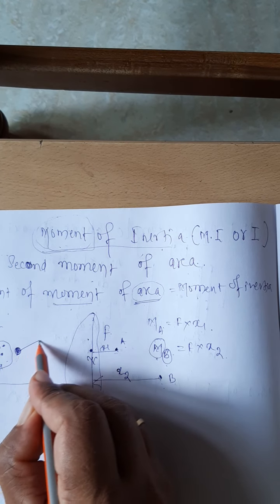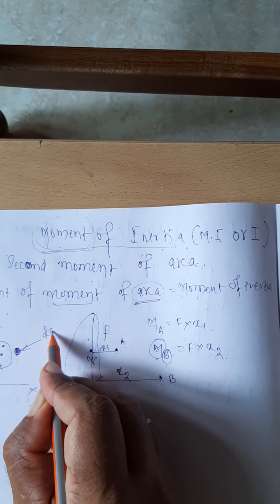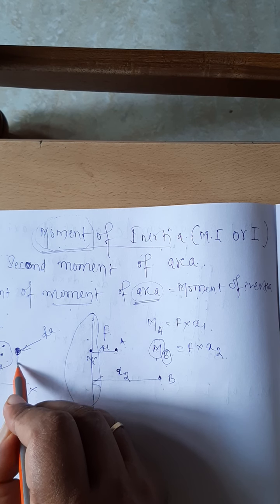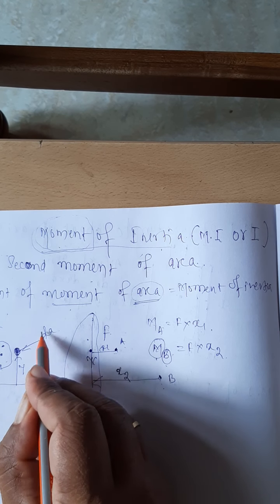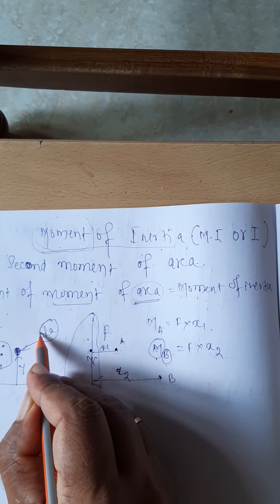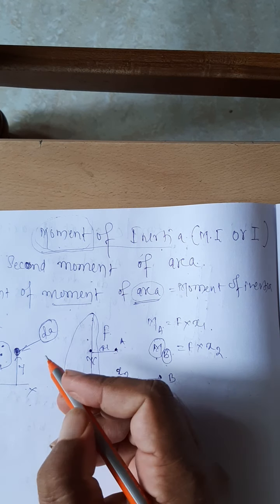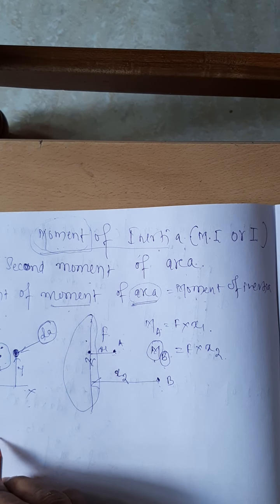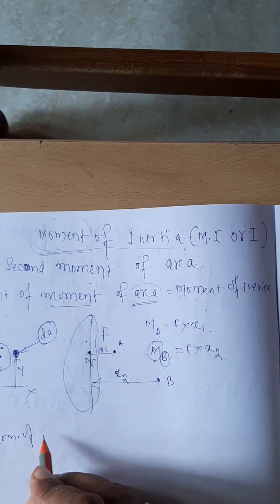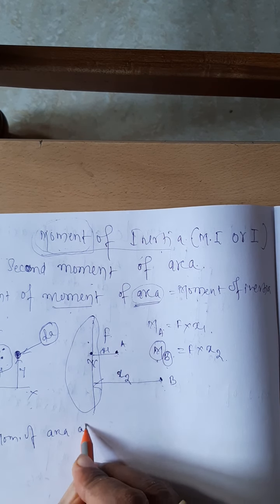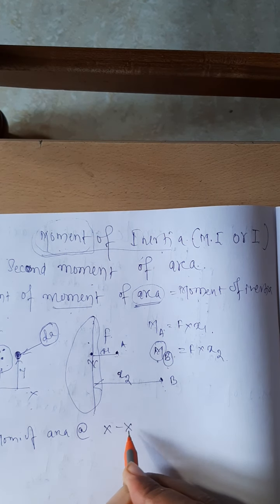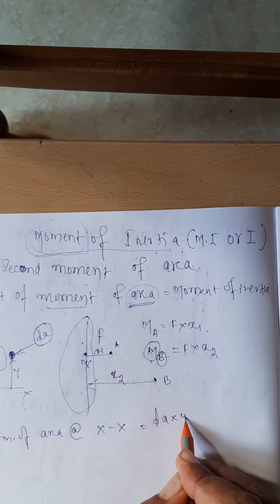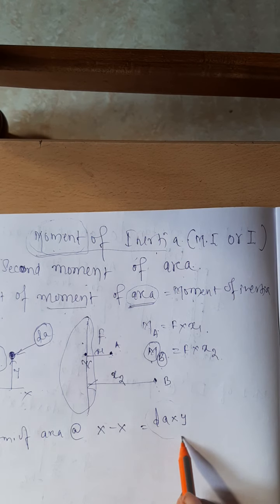To start with the basics, if this small area dA has a distance from this line that is almost fixed and equal to y, then the moment of the area about the line xx is dA multiplied by the distance y. This is called the moment of area.